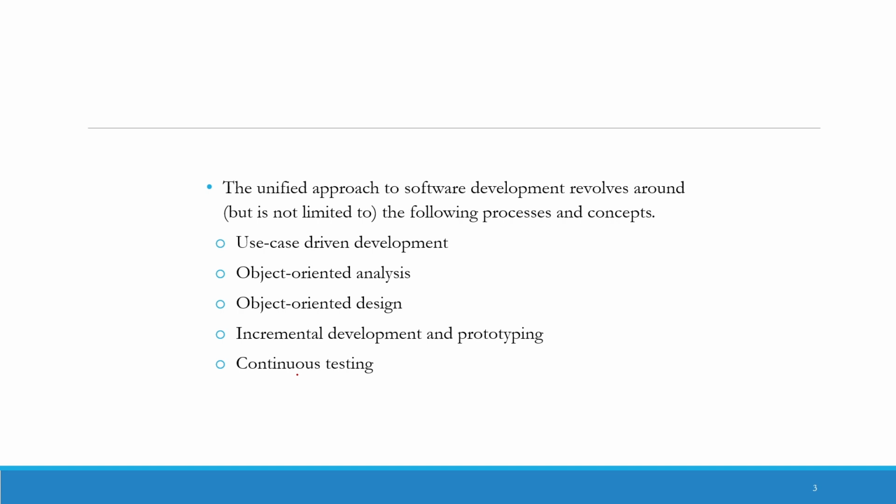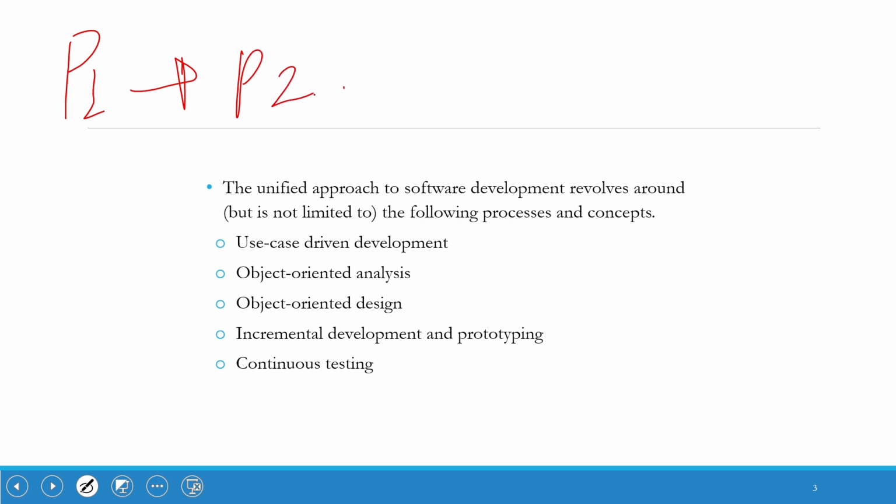In the unified approach, there is always incremental development and prototyping. There is a series of prototypes. For example, we have prototype 1. We increment this to prototype 2, then to prototype 3, up to prototype n. Each prototype is an incremental version of the previous one.